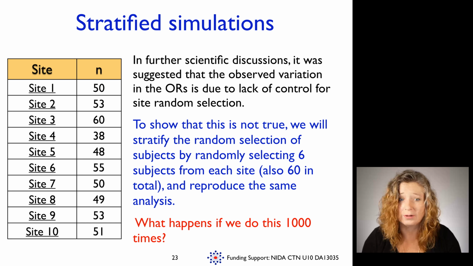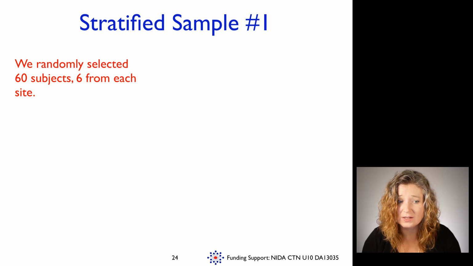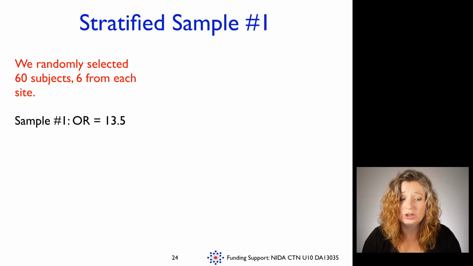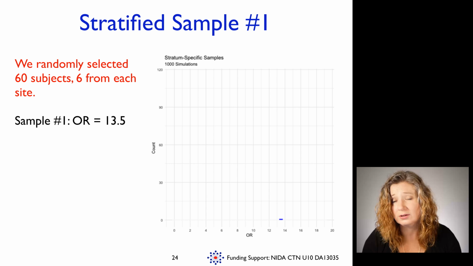So what will happen? We did that, and in our first stratified sample, where we have 60 subjects, 6 from each site, the first odds ratio was actually 13.5. We already know that this is too large for the study. And I plotted it, and here we are. That is the first bar at 13.5.